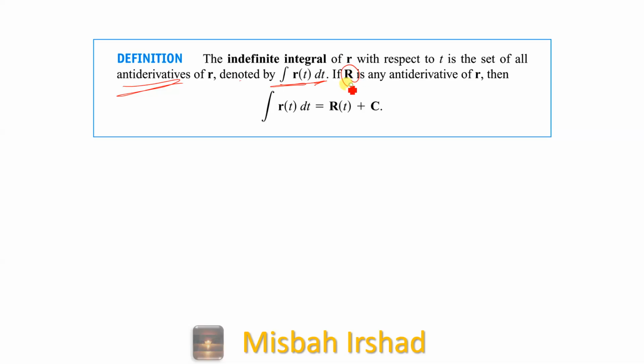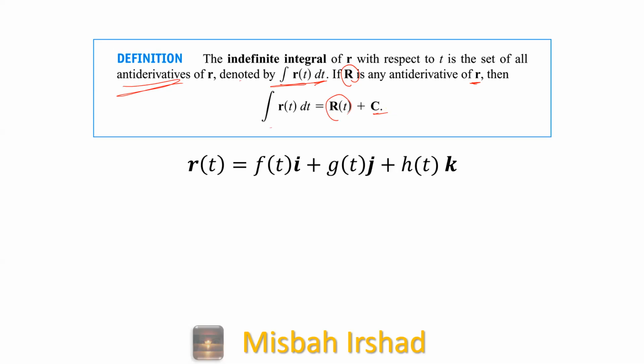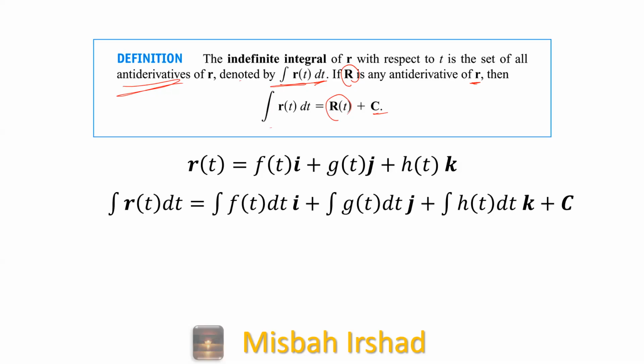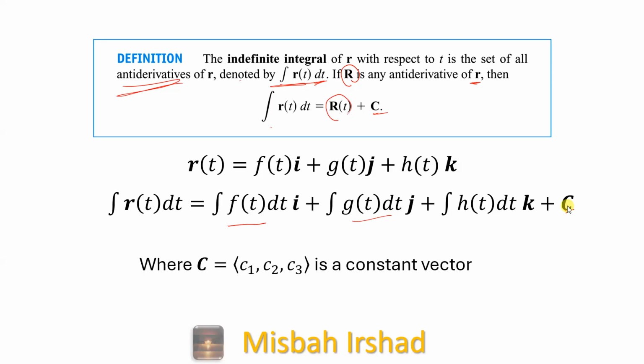So if uppercase R vector is any antiderivative of lowercase r vector function, then the integral of r(t) dt is equal to R(t) plus C. C here is a constant vector. So if we have a function with components f(t), g(t), h(t), then its integration is component-wise integration plus this constant vector with components c1, c2, c3, and c1, c2, c3 are all constants.